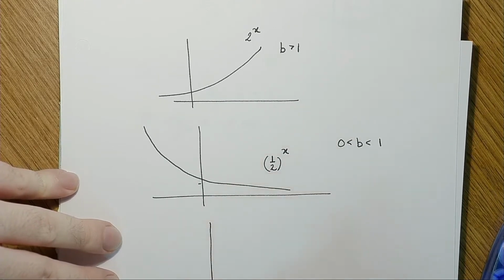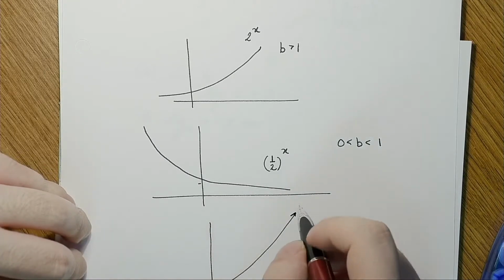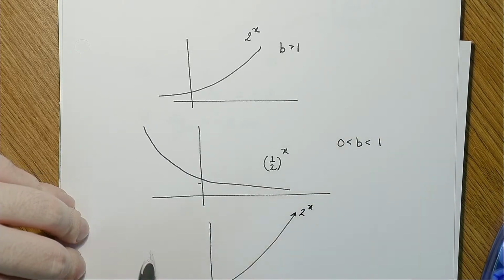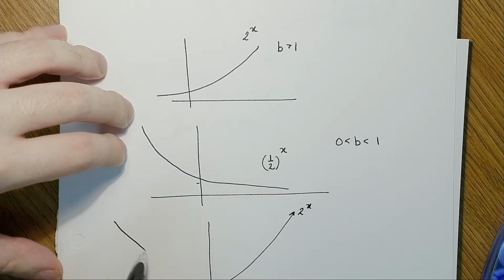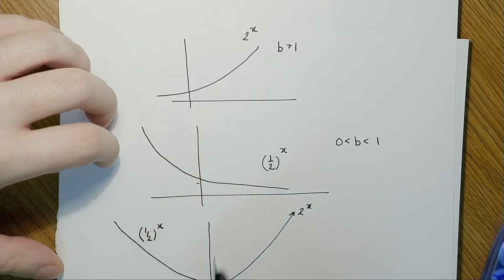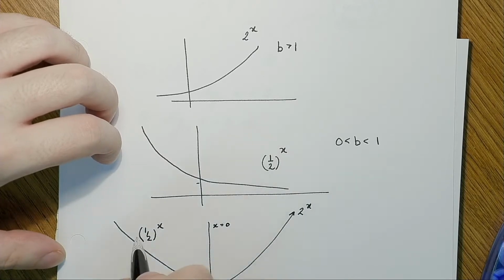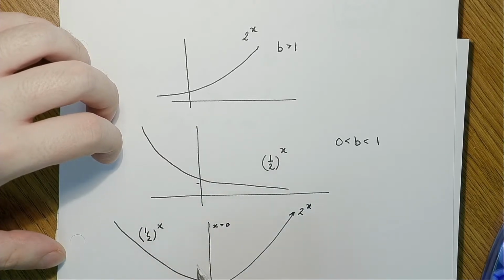If you drew those on the same axes, you would see that 2 to the x is reflected in x equals 0, so these are reflections of each other.